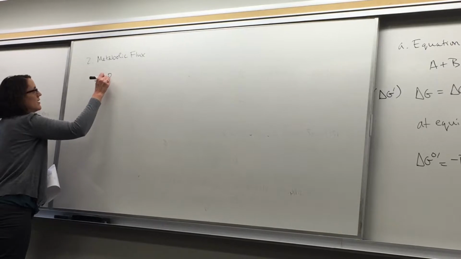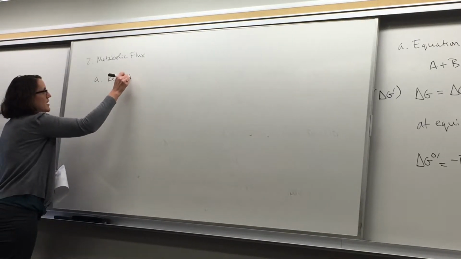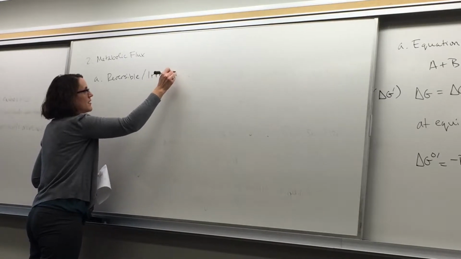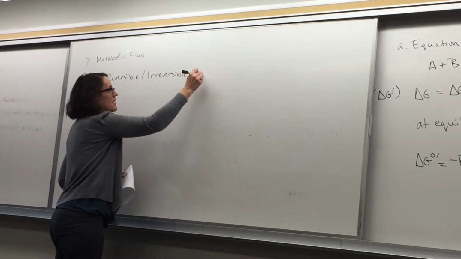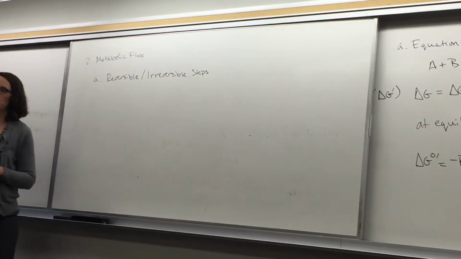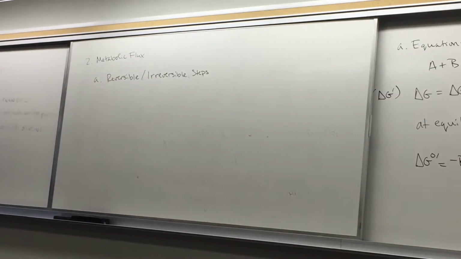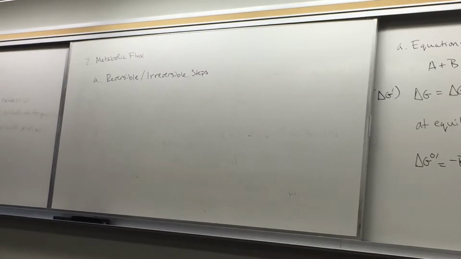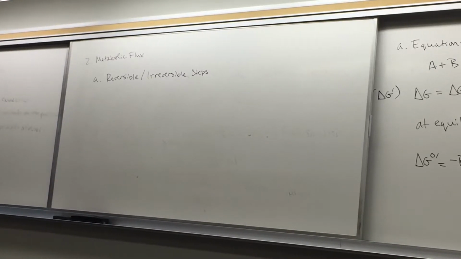So one of the things that we need to talk about are these reversible versus irreversible steps in our pathways. So some of you, if you've looked through that packet that you downloaded, have probably already noticed the not so subtle differences between some of the reactions. In some instances, I used the equilibrium arrows, and in other instances, I simply used the arrow going from reactants to products.